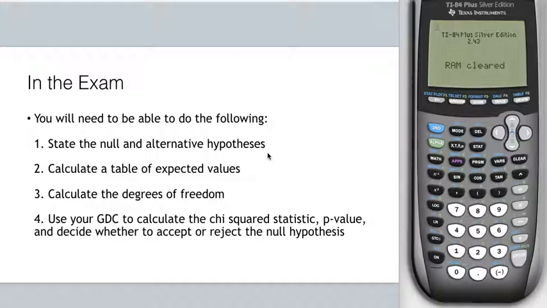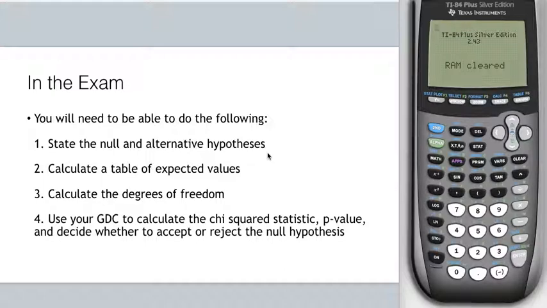You also need to be able to calculate the degrees of freedom, particularly using that two-way contingency table. And then you'll have to be able to use your calculator to calculate the chi-squared statistic and the p-value, and use those two things to decide whether to accept or reject the null hypothesis.